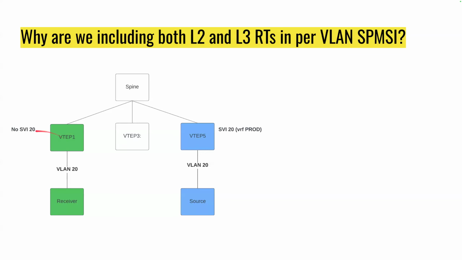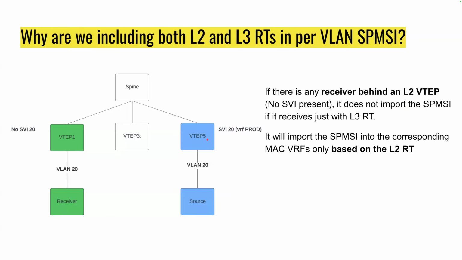That SPMSI is not imported into that MAC-VRF, so there is no way that VTEP 1 can join the underlay of VTEP 5. Take some time to visualize things and let me know if there are any doubts here.